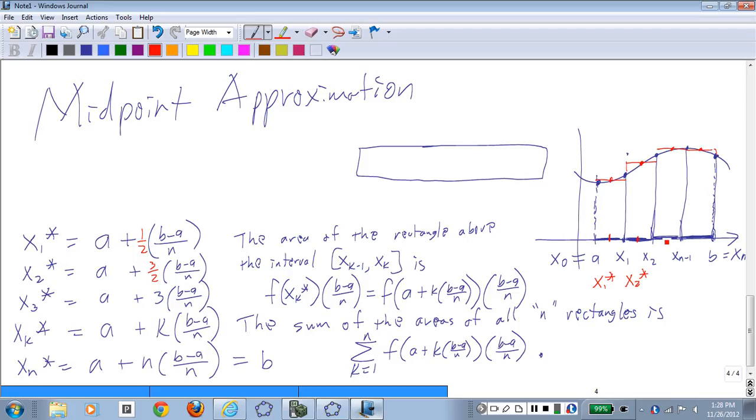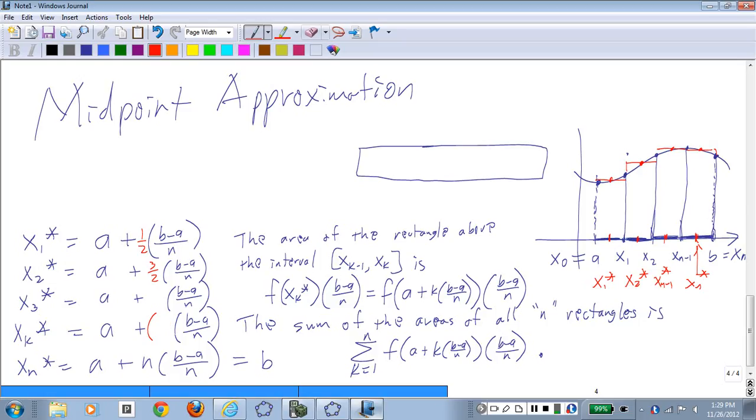So x sub n minus 1 star, and then x sub n star. So how do I write that in terms of k? I think you had it, Patrick. What did you say in terms of k? Well, for x1 I had x1 minus a over 2.